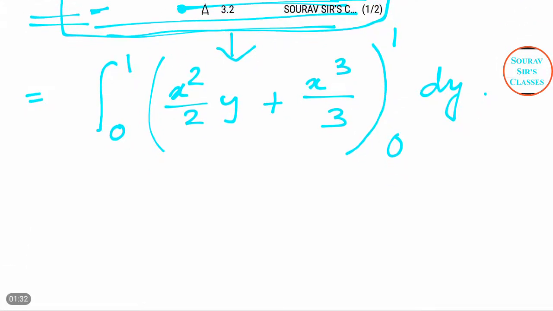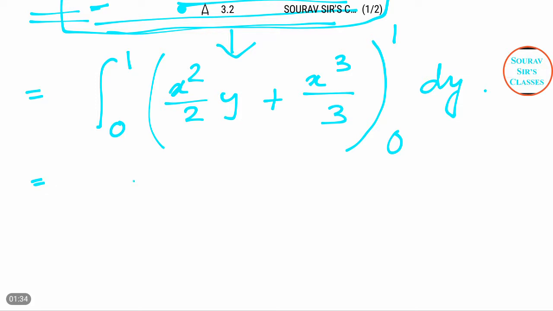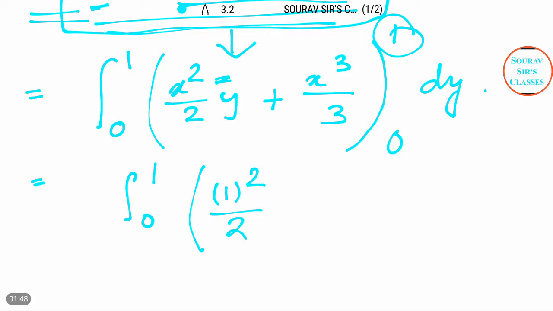Now from this again we can write integration 0 to 1, and we are putting the value of x, that is 1. So here 1 square divided by 2 into y plus 1 cube divided by 3, now dy.